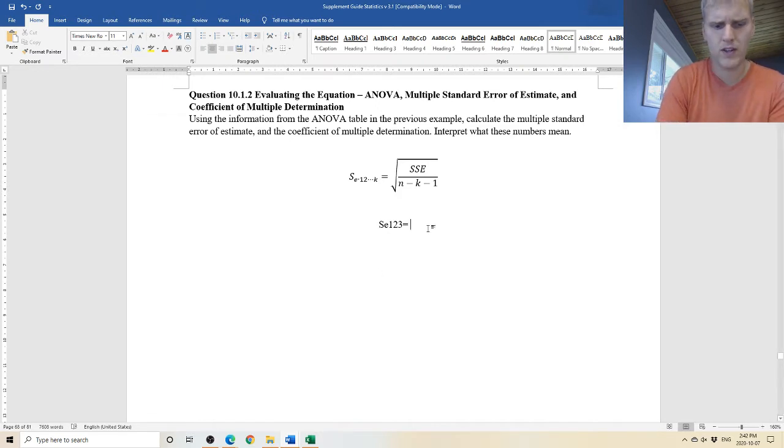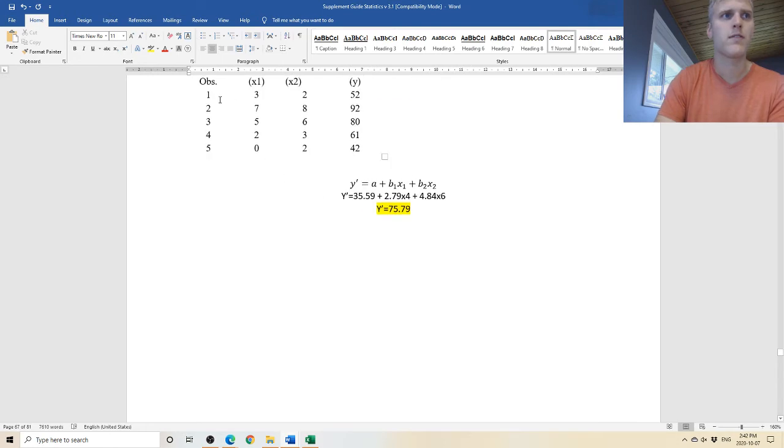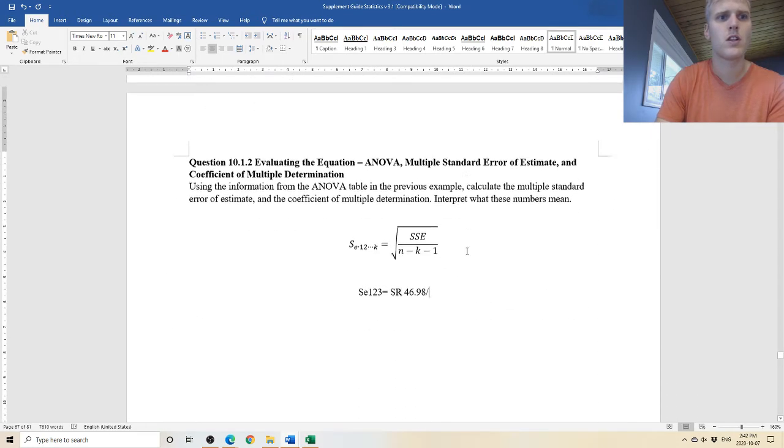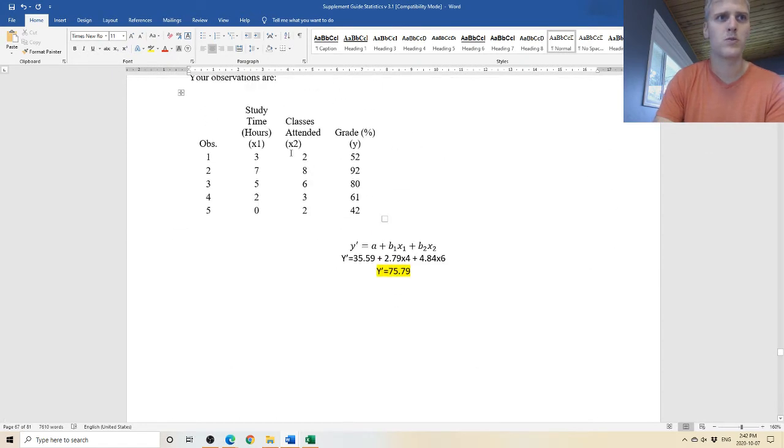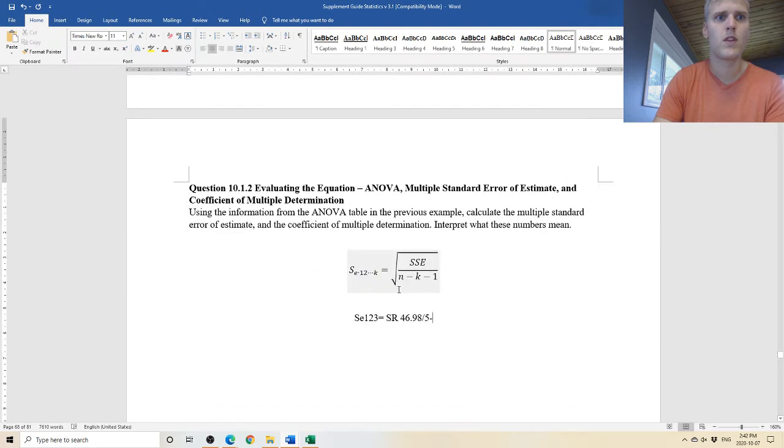So we have the square root of 46.98 divided by n. We have 5 observations minus k. We have 2 columns or 2 variables plus 1.